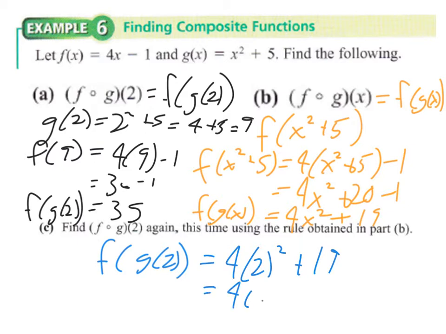So 4 times 4 plus 19, which would be 16 plus 19, or 35. Obviously, we expect to get the same thing because it's f of g of 2 either way. So either calculating f of g of 2 directly or finding f of g of x and then finding f of g of 2 from there, either way we get the 35.